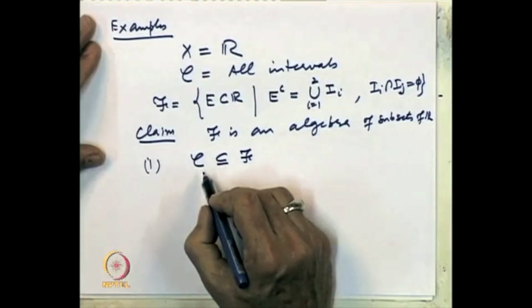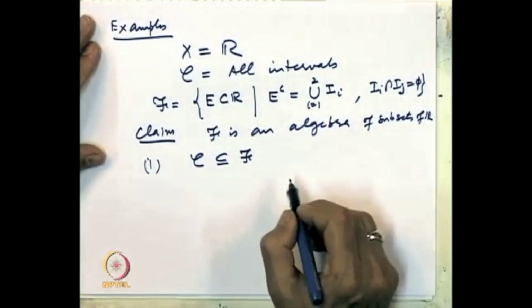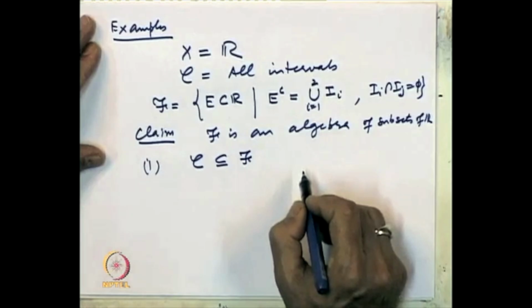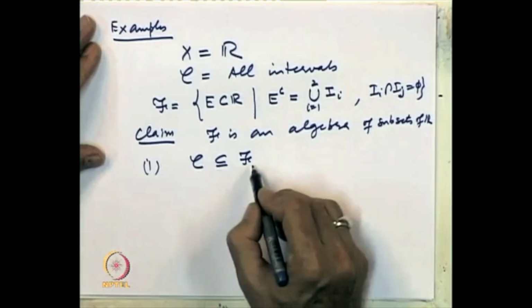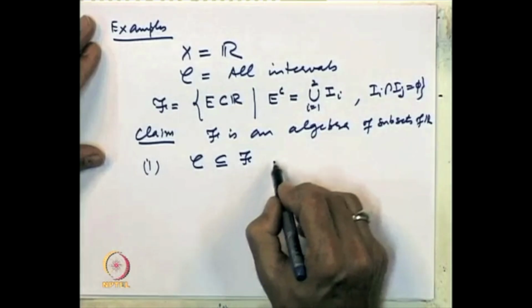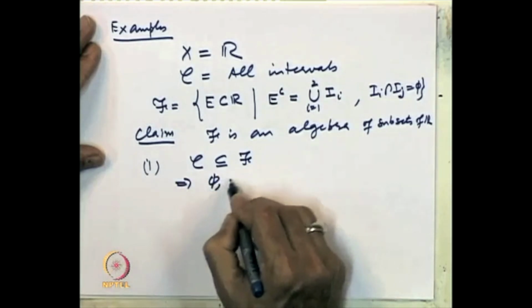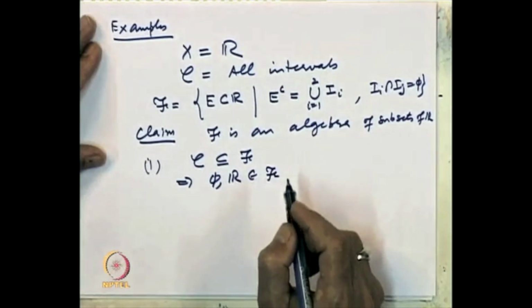Because if I take an interval, then it has this property, namely its complement is a disjoint union of two intervals, right? So C is part of F. So this as a consequence implies the empty set and the whole space belong to F, right?